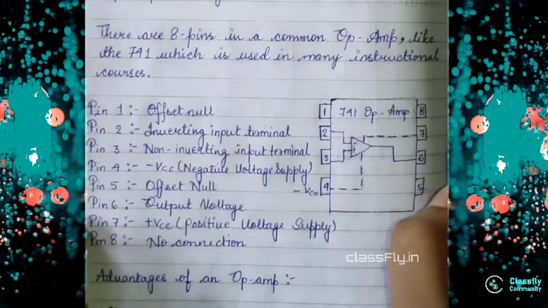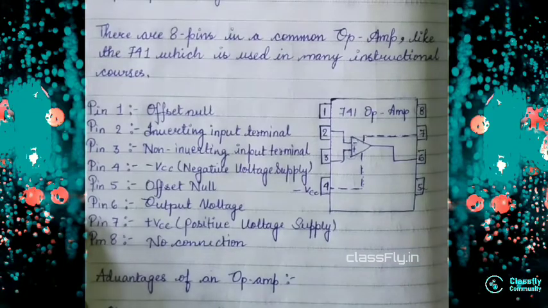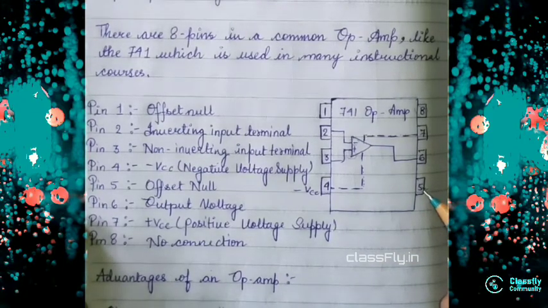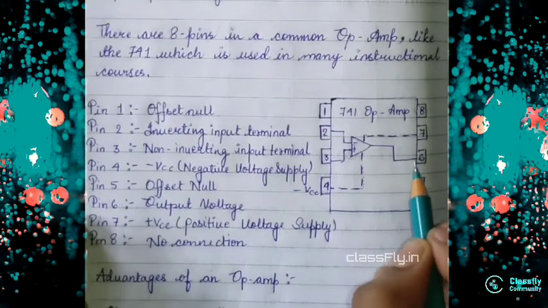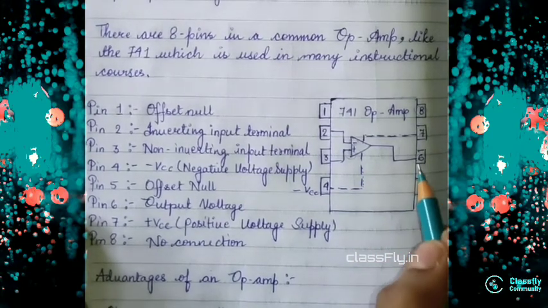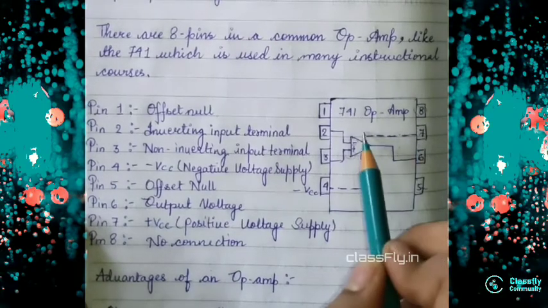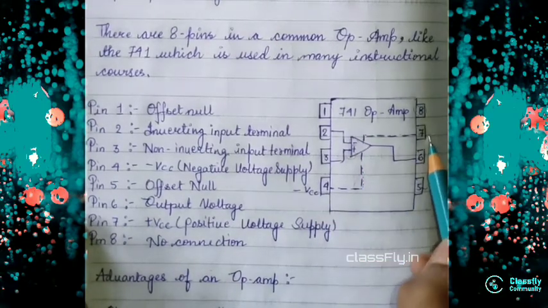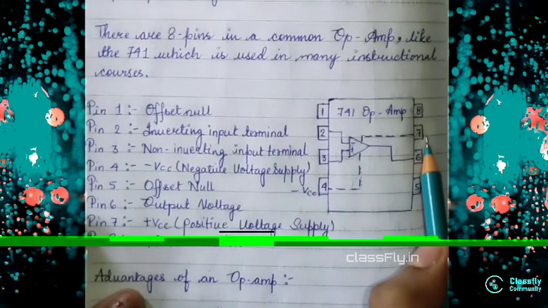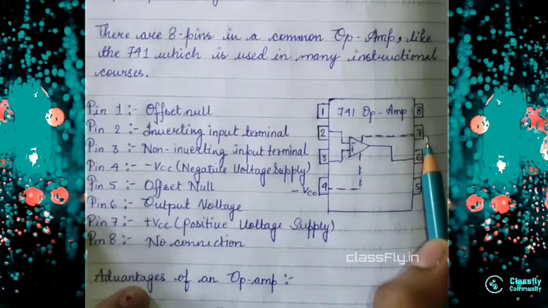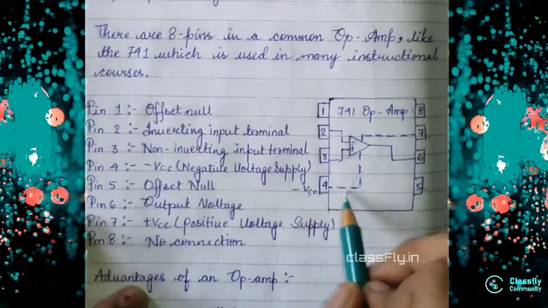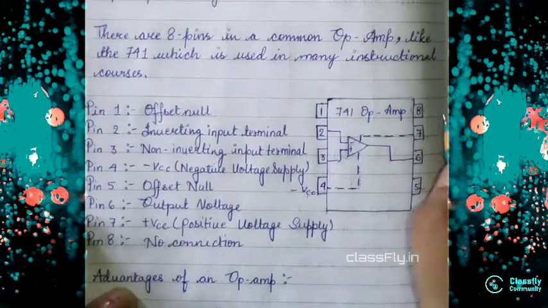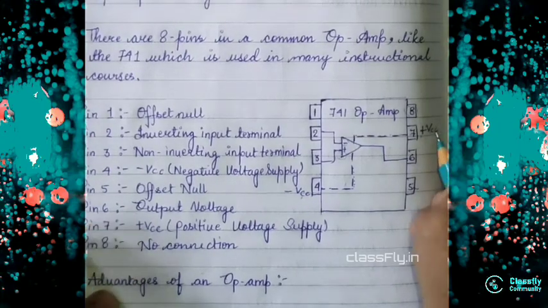Here will be nothing. As I told, the fifth is an offset null. Then the op-amp's output is connected to the 6th pin, so this is our output terminal, and the 7th one is the voltage supply for the positive. Because this one is minus VCC, this will be the positive VCC.